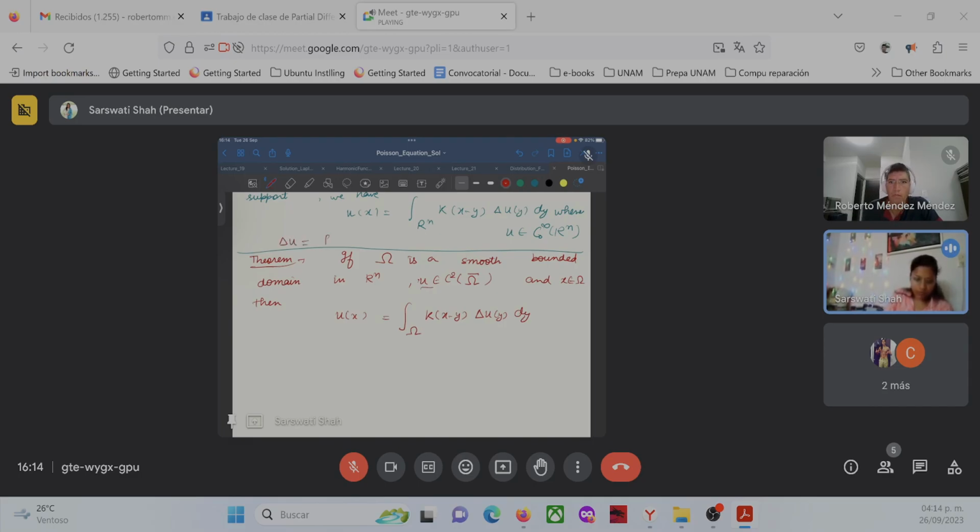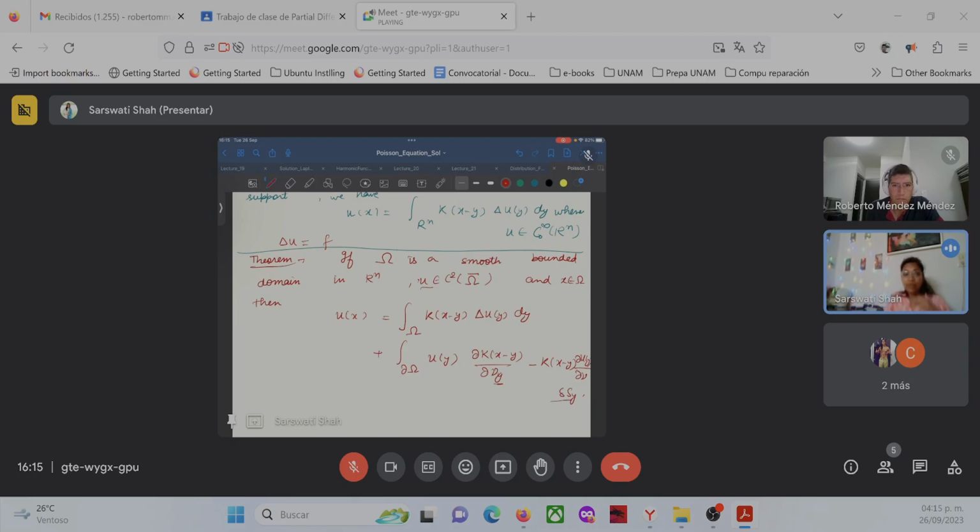plus integration over the boundary of omega of u of y times the normal derivative of this fundamental solution in the y direction, del k of x minus y over del nu y, minus k of x minus y times del u over del nu y, dS y.